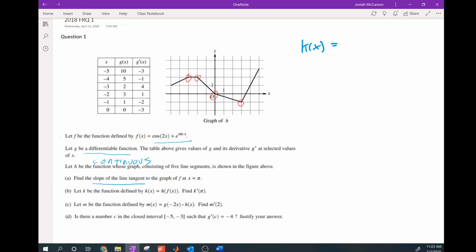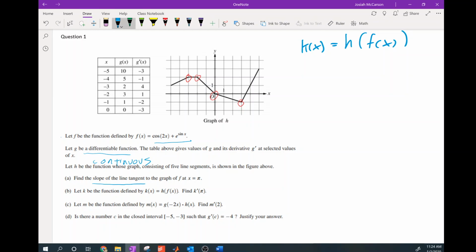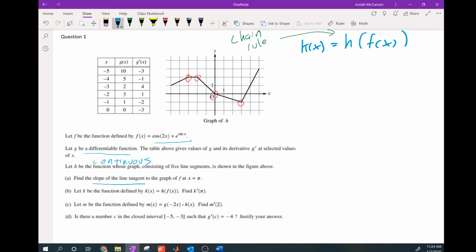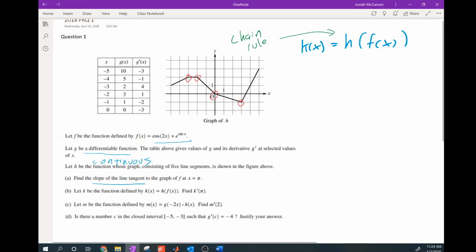So if k of x equals h of f of x, because we're doing two parts, this is going to be our chain rule. I'm going to take the derivative of the outside, h prime, leave the insides alone, times the derivative of the insides. And that's it. That's my k prime.